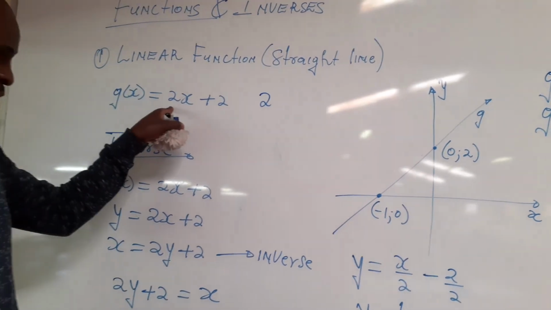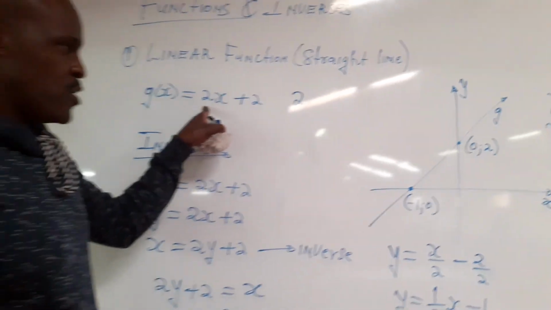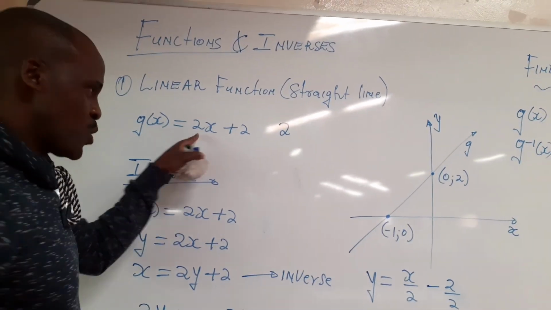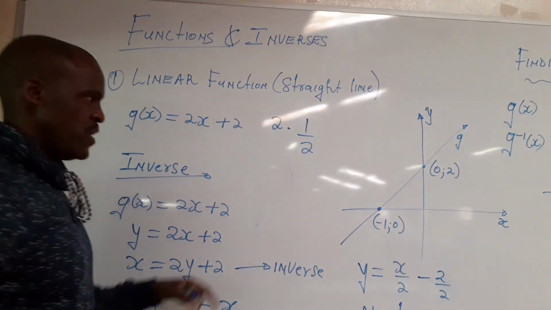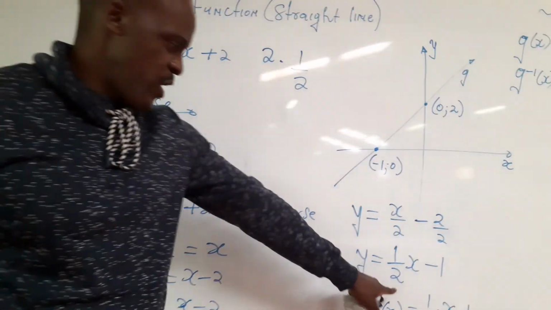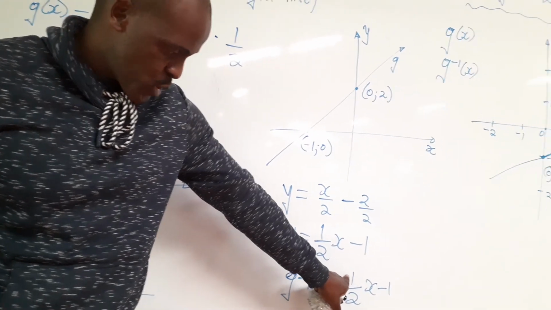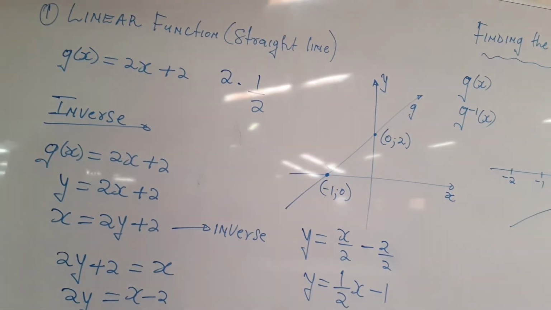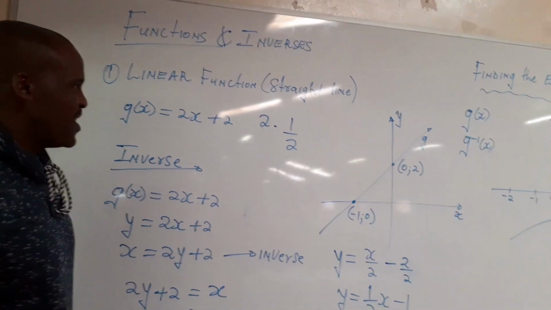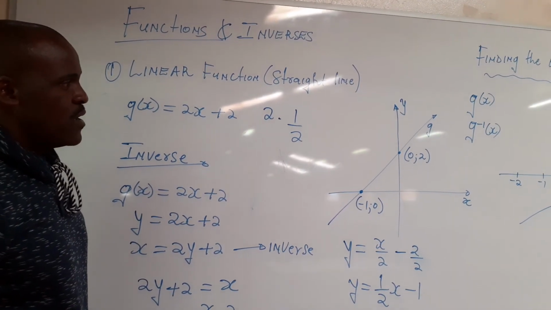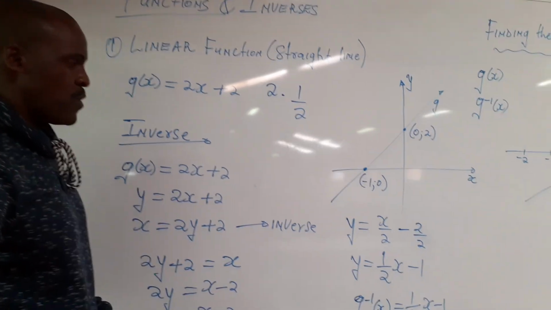The gradient of that function is 2. So we are talking about the inverse. The inverse of 2 is 1 over 2. That's the reason why we are having the gradient which is 1 over 2. I think this is all we need in terms of a straight line. We are going to stop here for a straight line.